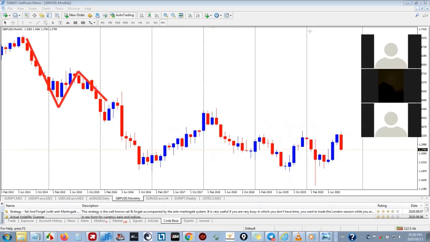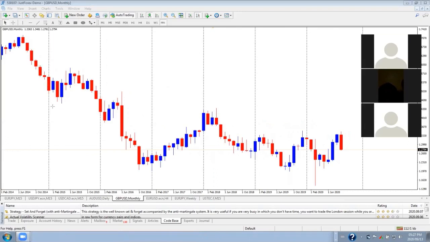Let me change this color to maybe green. The trend is clearly down on this chart of GBP USD. Can you see? Making lower lows, lower highs, lower lows, lower highs. So let us try and locate supply and demand levels of this monthly time frame.